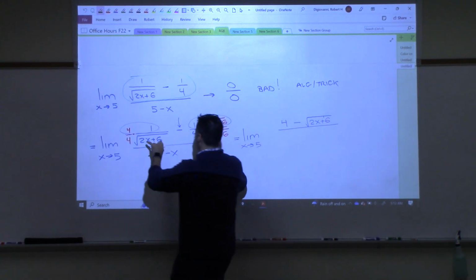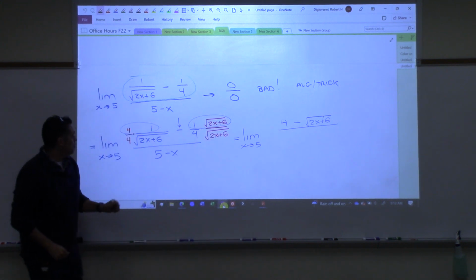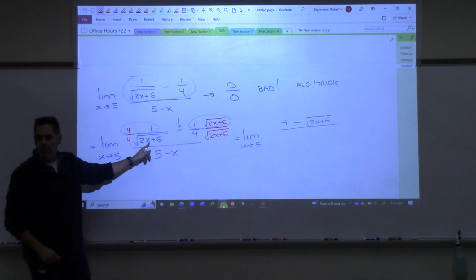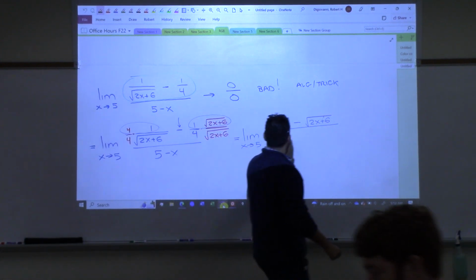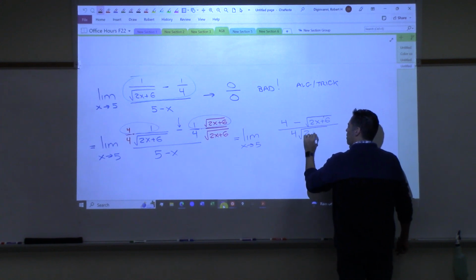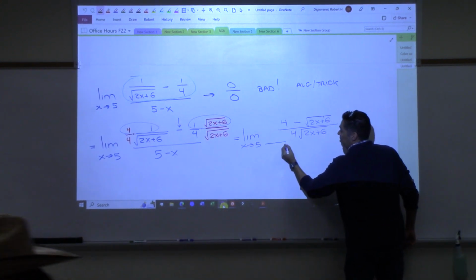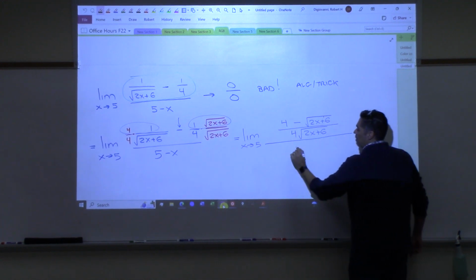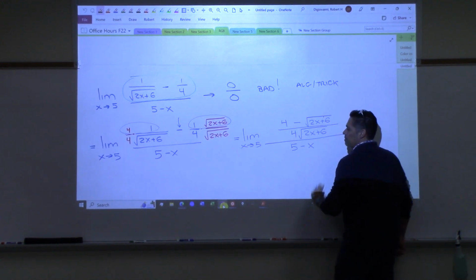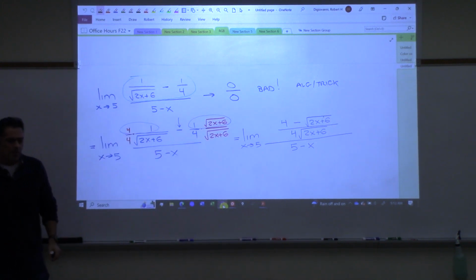Because they both have the same denominator. What I'm doing is putting them together. So my common denominator will be 4 times the square root of 2x plus 6. Now, don't forget, all of that is still sitting on top of the 5 minus x. Questions on that piece? Common denominator?